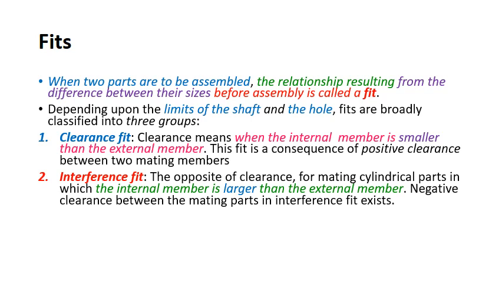If the basic dimension is in millimeters, the tolerance will be less than 100 microns. So you may have to apply a little bit of external pressure to assemble the two parts. Such fits are called interference fits.